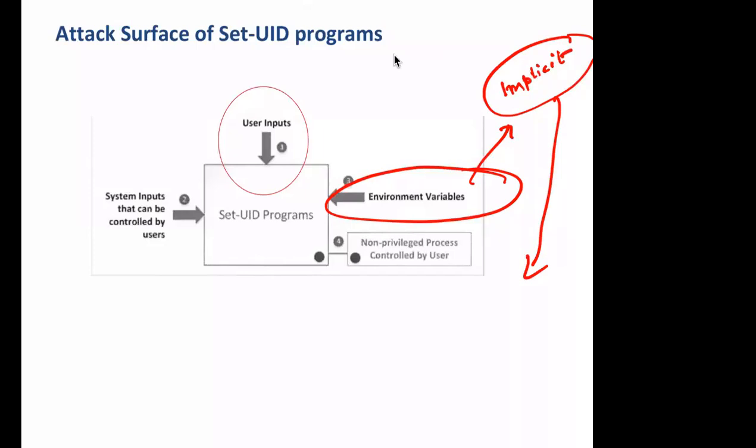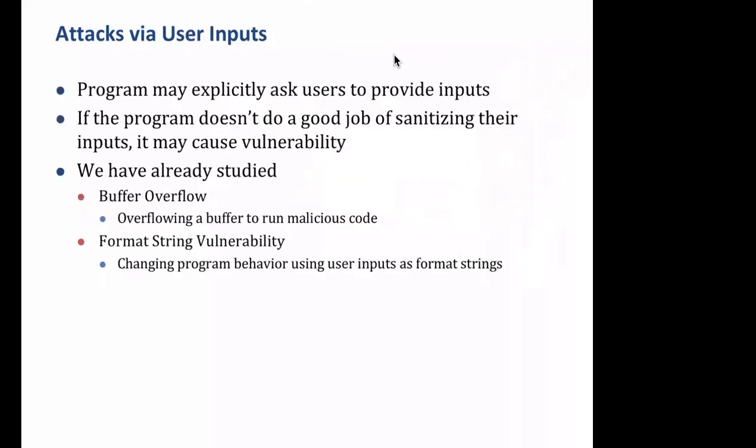Now, the second attack surface is through user inputs, which we have already seen in the case of buffer overflow and format string vulnerabilities. And these along with the set UID bit can be quite dangerous.